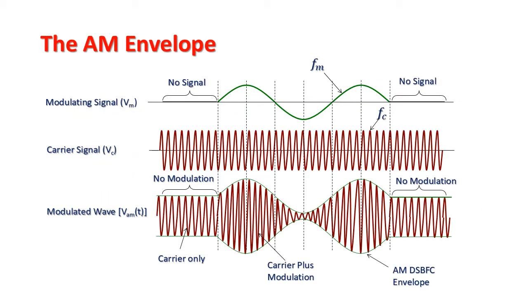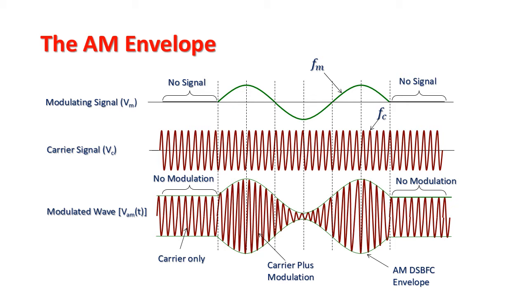There are several types of amplitude modulation, but AM double sideband full carrier is the most commonly used modulation process for AM. AM double sideband full carrier is also called conventional AM, or simply AM. The AM envelope is the variations of amplitude of an amplitude modulated wave.